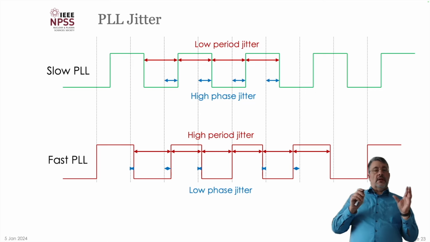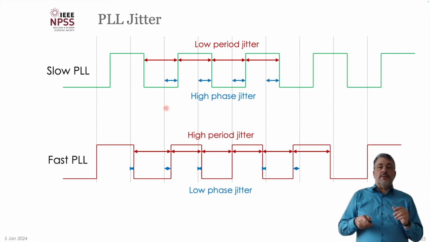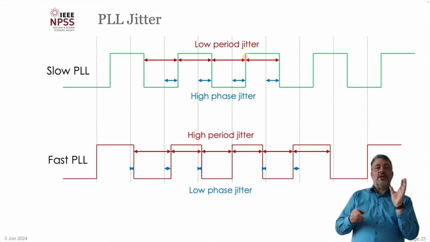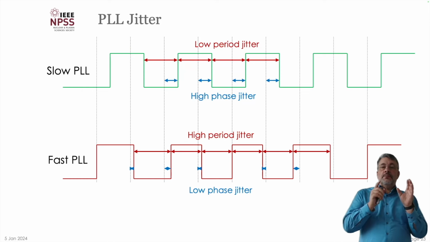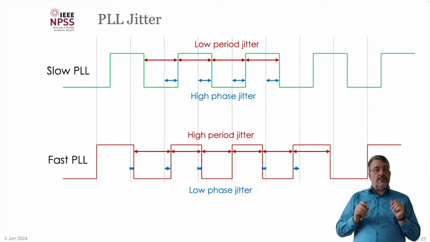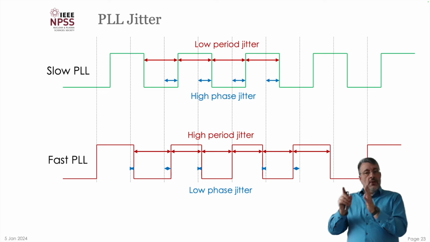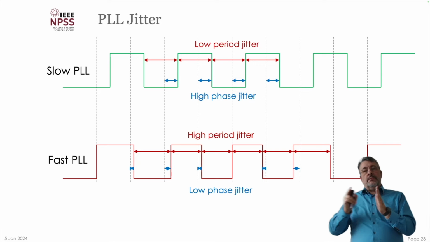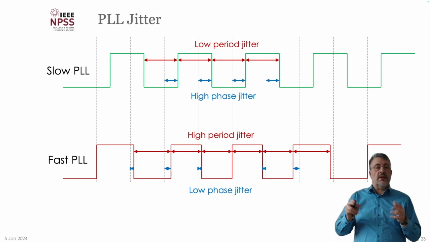If you have this loop filter in a PLL with the R times C, you can have it slow or you can have it fast. On the top here, you have a slow PLL filter. That makes the periods very close to each other, only slowly breathing, going wider and narrower. So the period jitter is very, very small in that case. But the phase jitter might be large because it only reacts slowly, and then you might add up some phase variations towards the reference clock, and that's what can kill the timing resolution.